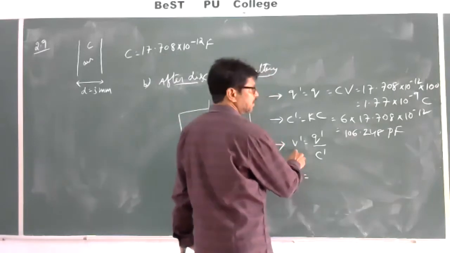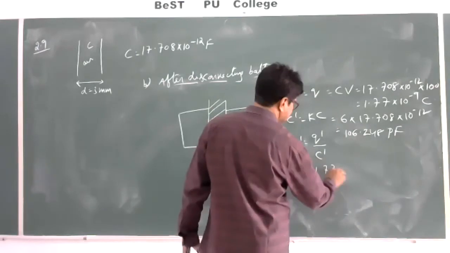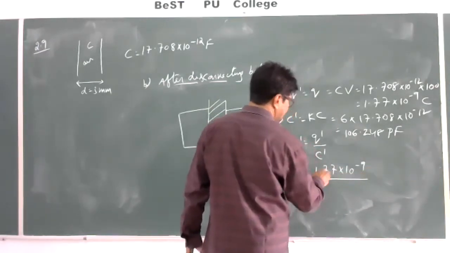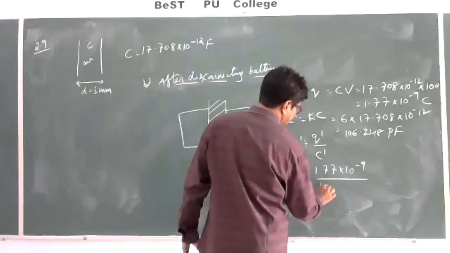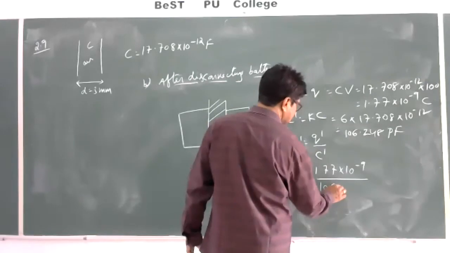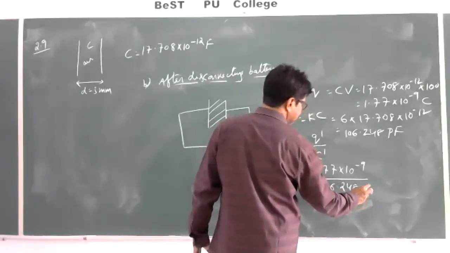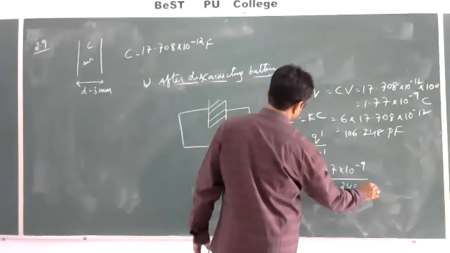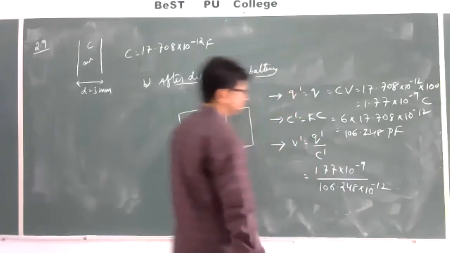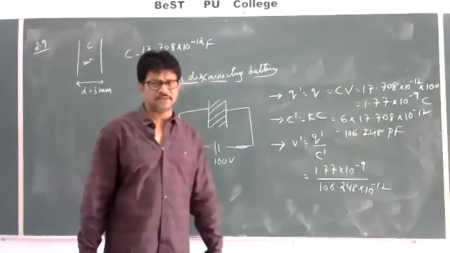Then the new potential difference: Q dash is 1.77 into 10 to the power of minus 9, C dash is 106. If you further simplify, you will get the answer.